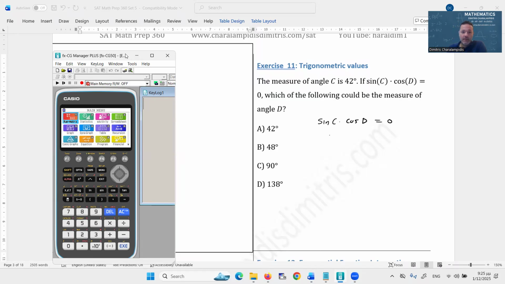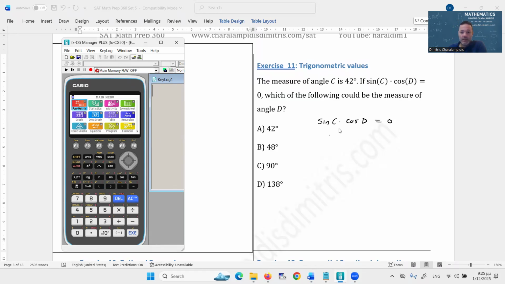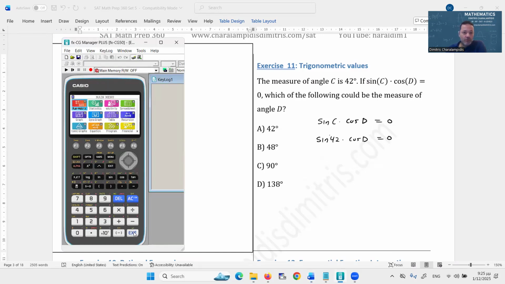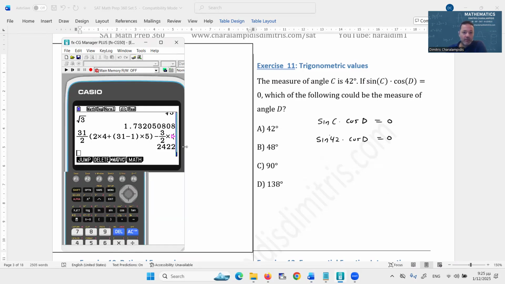Let's see here. Sine C. So sine of 42 times cosine D is 0. So let's go to the run matrix. Let me do that a bit bigger.